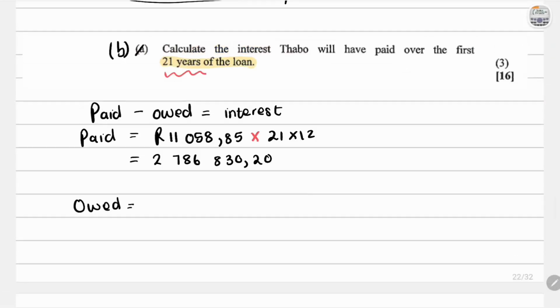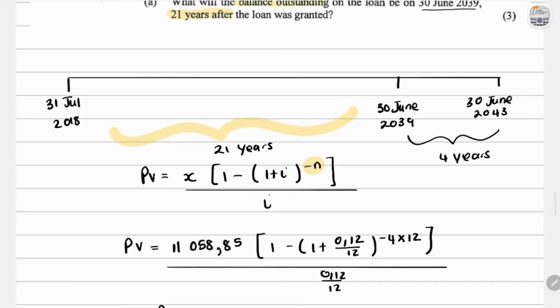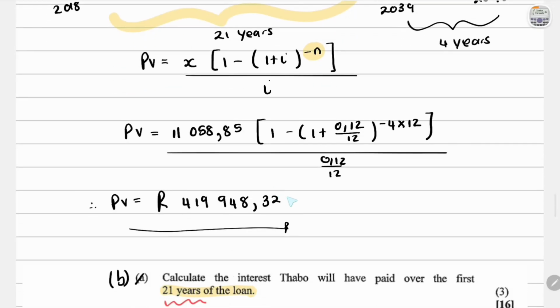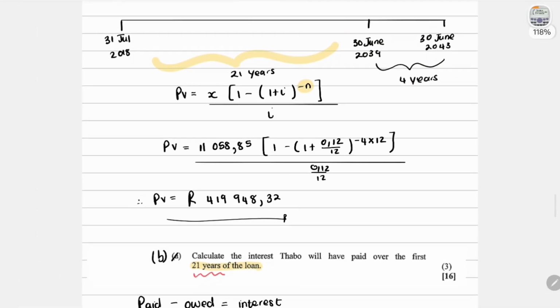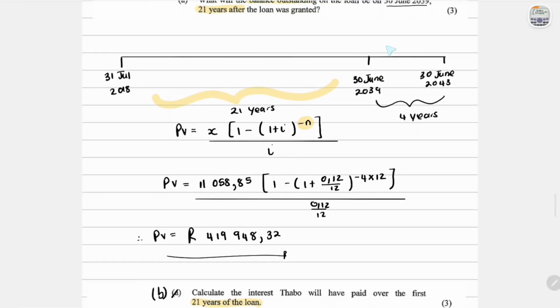You see that when we try to find out how much he's going to owe after 21 years, we found out that this amount was this. So the amount that he owed after 21 years, the amount that was going to be outstanding for this remaining 4 years, would have been this. What we're trying to find out is how much he would have owed here.